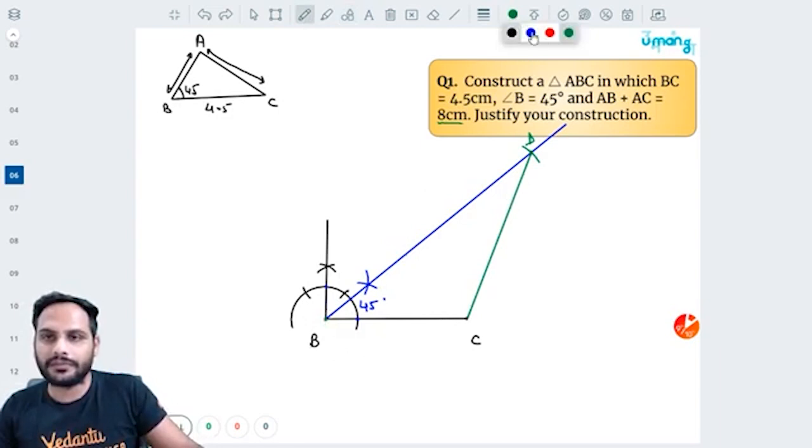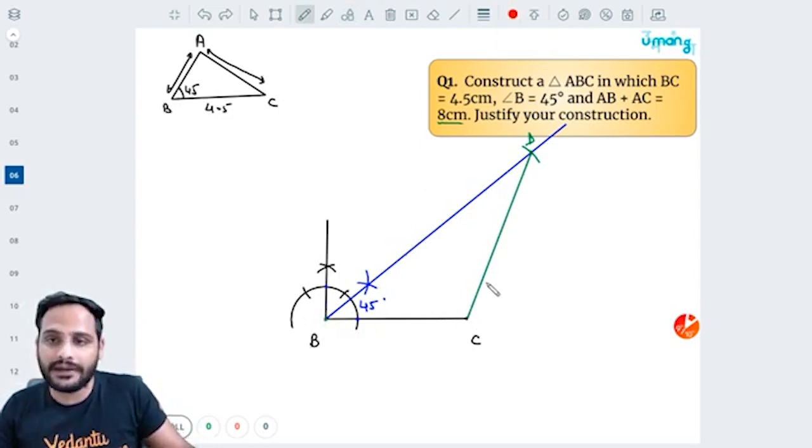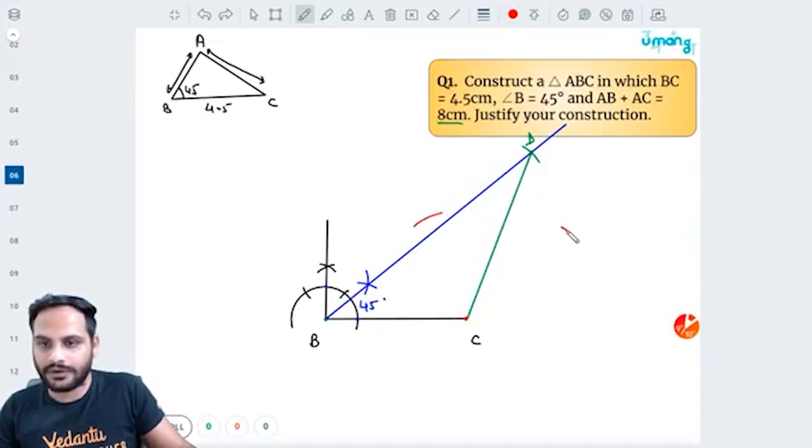Now your job is to draw the perpendicular bisector of this green line CD. This point D, which you have got at 8 centimeter, you have joined this with C. Now draw the perpendicular bisector of CD. So what I'll do, I'll keep the tip of the compass over here, open the compass more than half, make one cut over here, another cut over here.